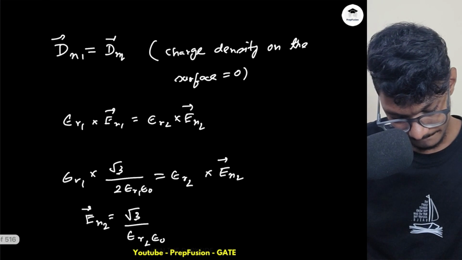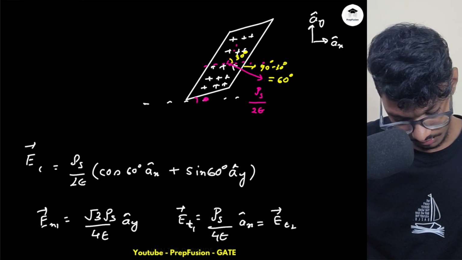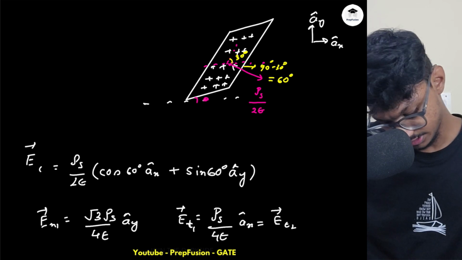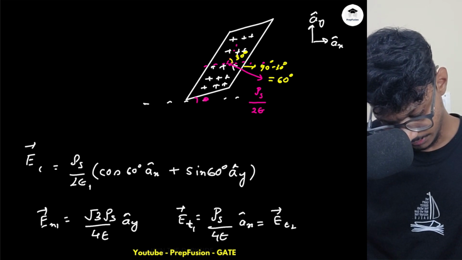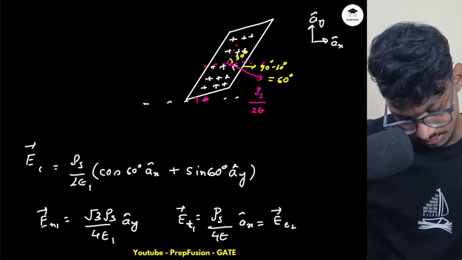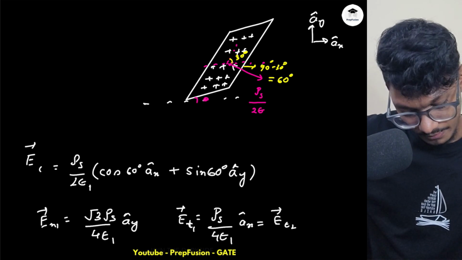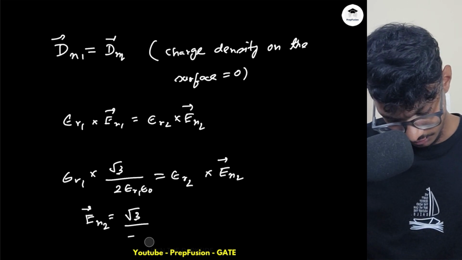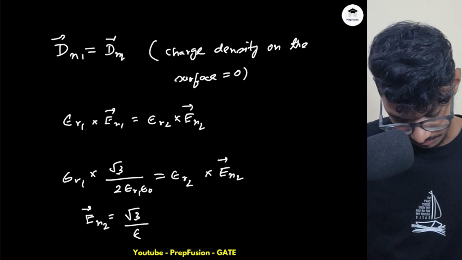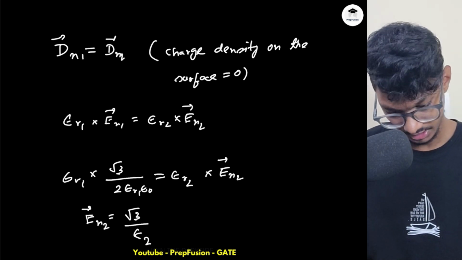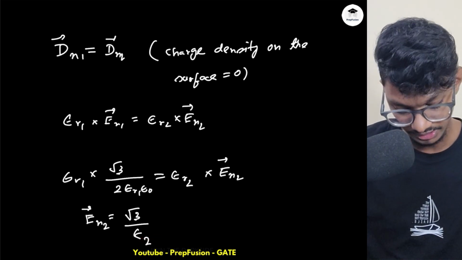It should actually be epsilon 1; I had confused it. So this is epsilon 1. We'll not confuse; we'll just keep it epsilon 2 only. That will be simpler for you. We know what is epsilon naught and epsilon r2 is given, so I can directly put the value of that. I will get my results, right?